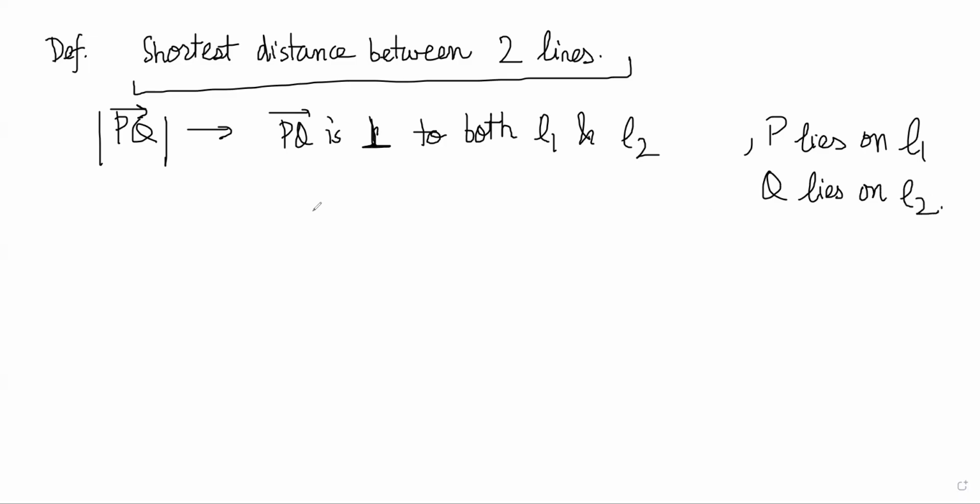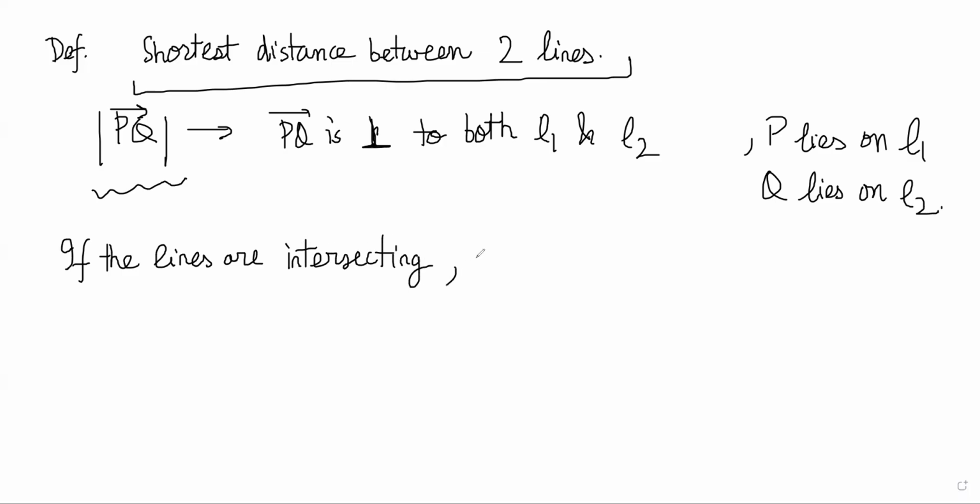So if we find the length of this PQ, that becomes the shortest distance between two skew lines, right? If the lines are intersecting, then they are not skew lines, and the shortest distance mod PQ would be 0, because since the lines are intersecting, P and Q can be on the same point, right?